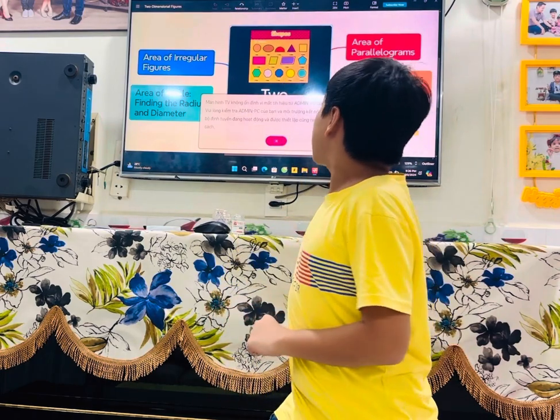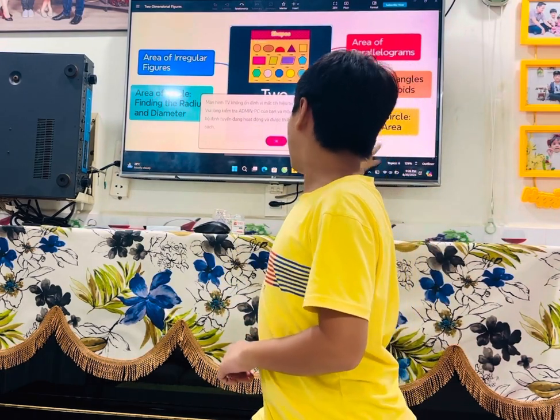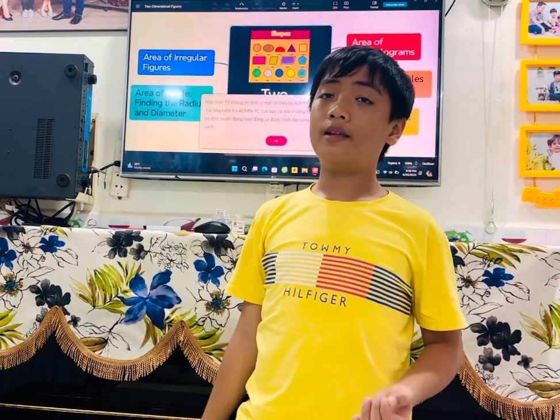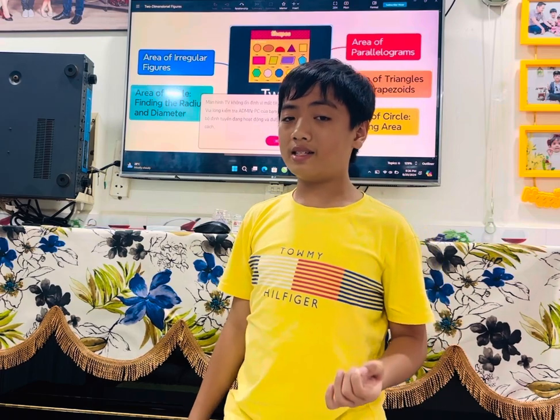Next we have the area of a circle. How do you find it? First, you need to know the radius.